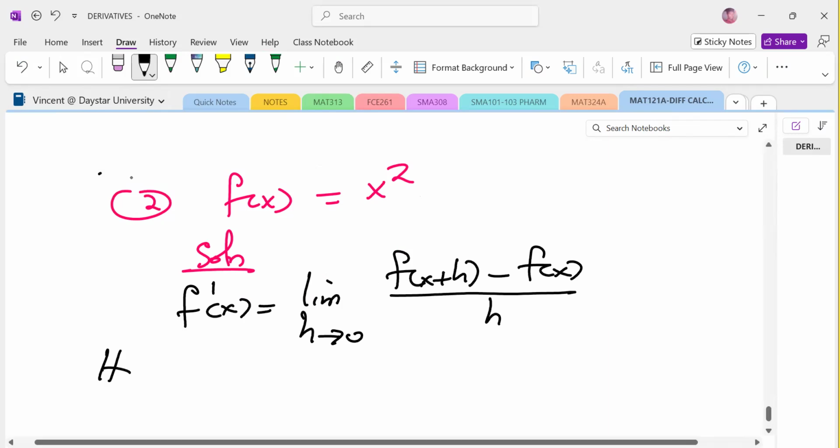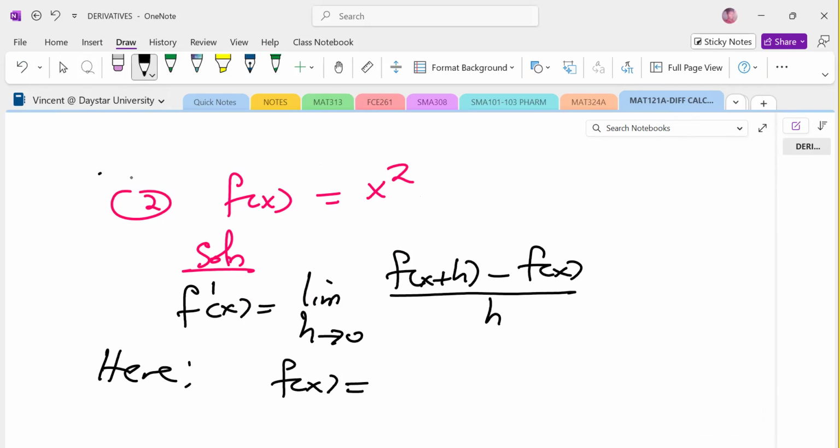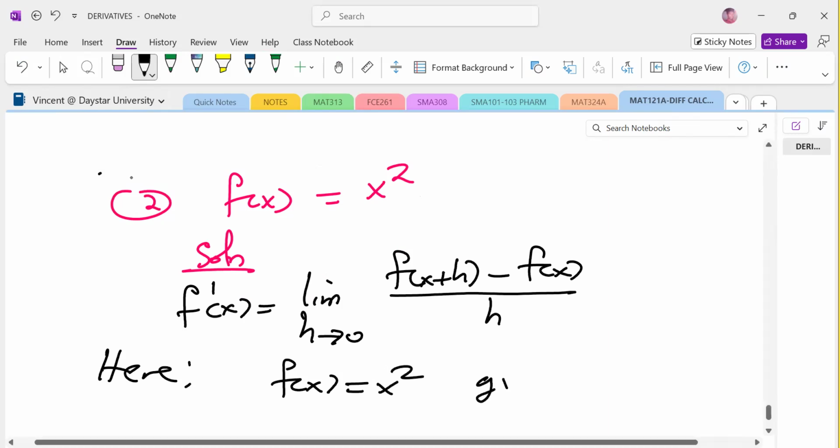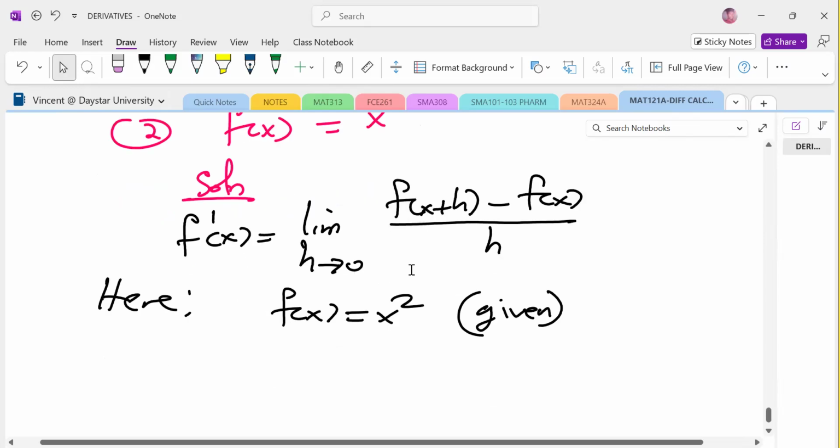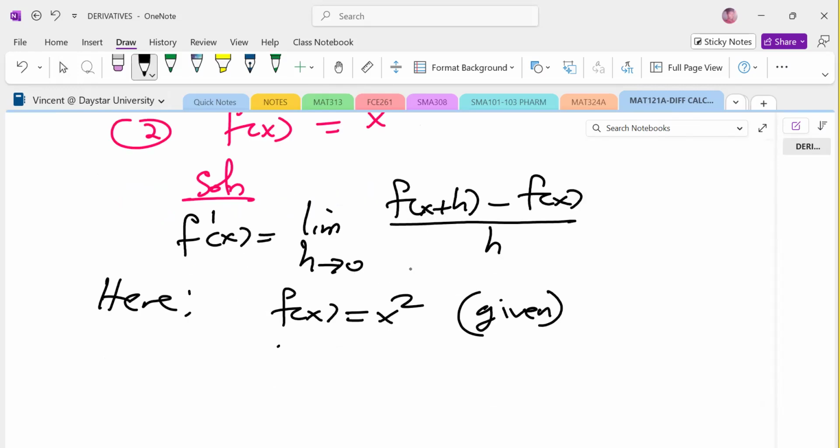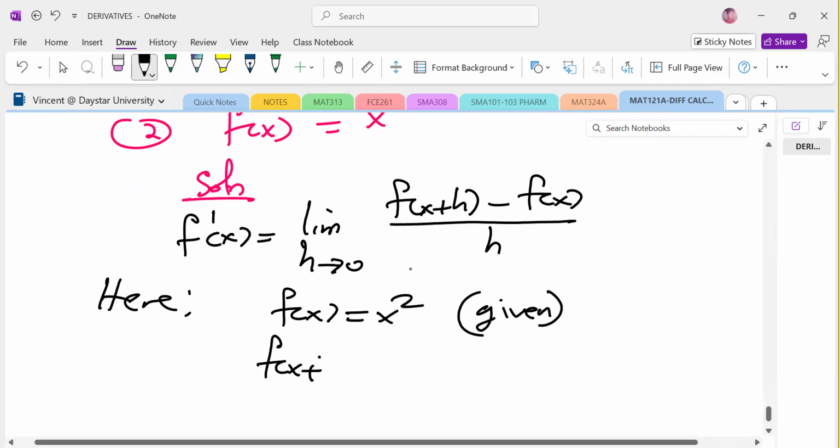Then here, f of x is given by x squared and now we need to define f of x plus h. So f of x plus h will be x plus h squared.